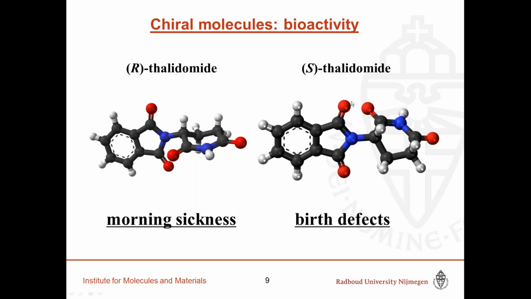The downside was that the other enantiomer, the S enantiomer, caused birth defects, and therefore this medicine could not be administered anymore, because it turns out even if you would administer only the right-handed enantiomer, then in the human body there would be a racemization reaction, slowly making a racemic mixture between the two enantiomers, which would be 50-50. So that was dangerous for the unborn child.